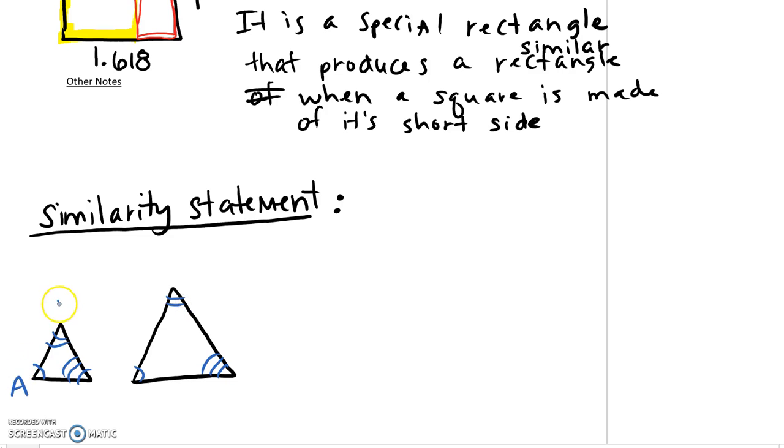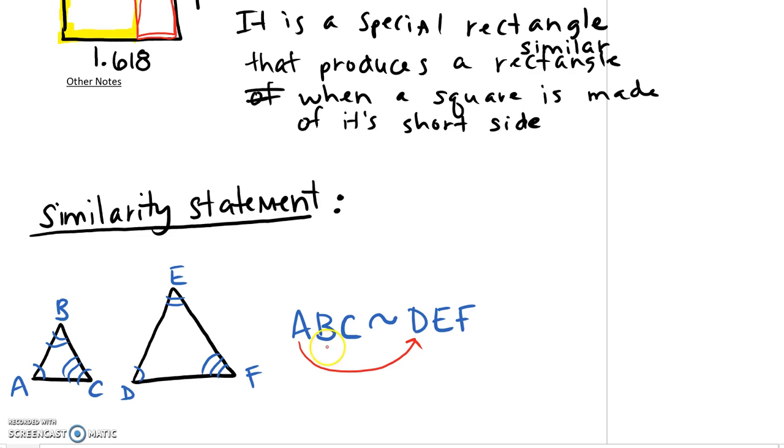I'll call this A, B, C, and D, E, and F. So the similarity statement would be A, B, C is similar to D, E, F. The order matters. I'm saying that A became D, B became E, and C became F. This little squiggle right here means similar to.